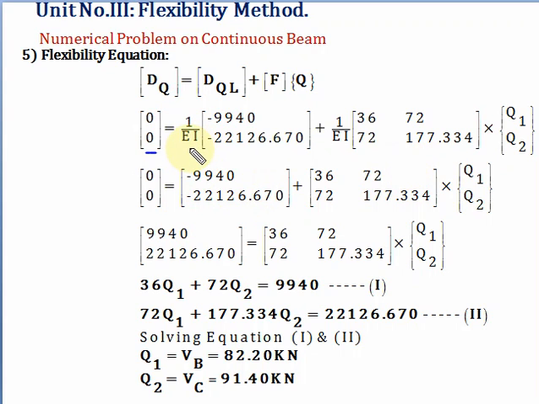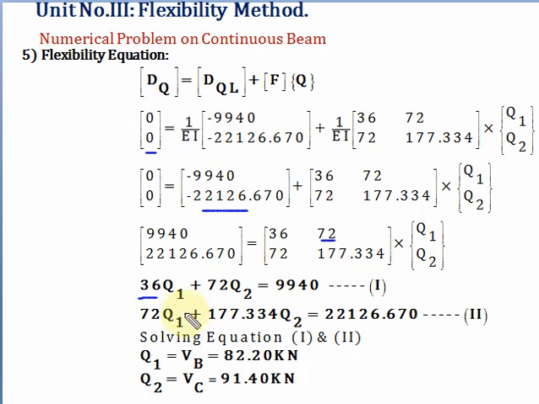Now here we'll take EI common and multiply on this side, so EI will get cancelled. And the DQL term we'll take to the left hand side of the equal sign, so this will become plus. Now writing the simultaneous equations: 36 into Q1 then 72 into Q2, since for a matrix we multiply the row by column.